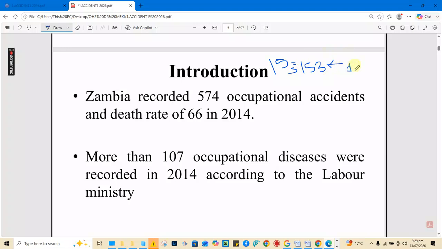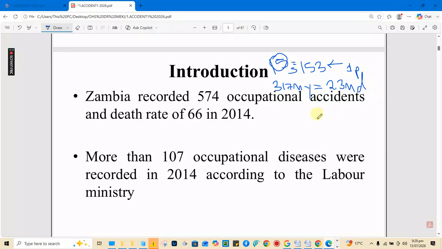One person dies. So every 15 seconds one person dies. And then we've also established that out of 317 million people who get injured per year, 2.3 million die.